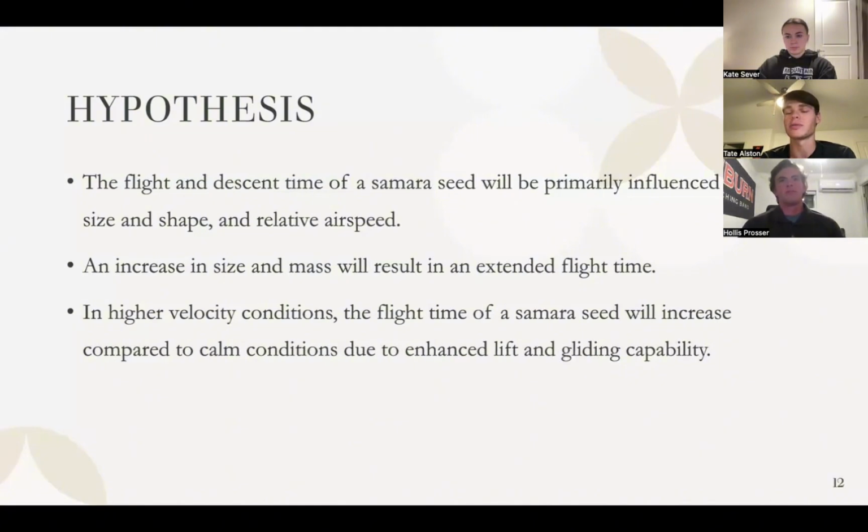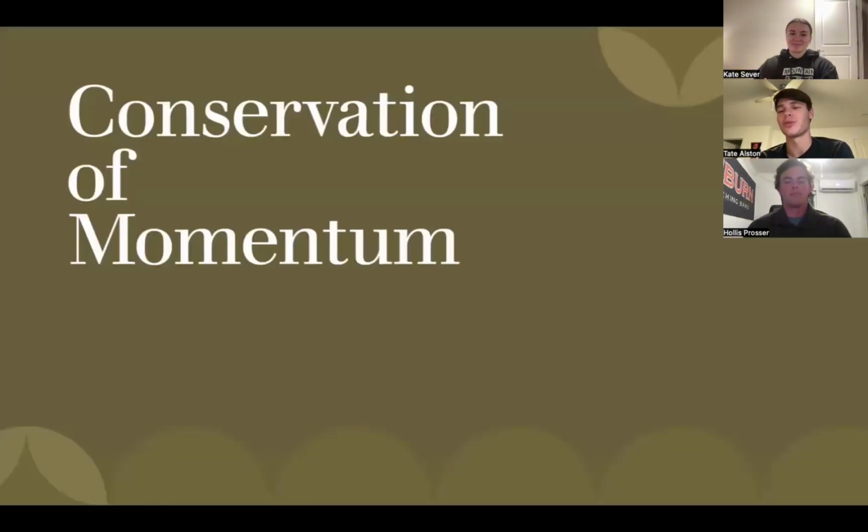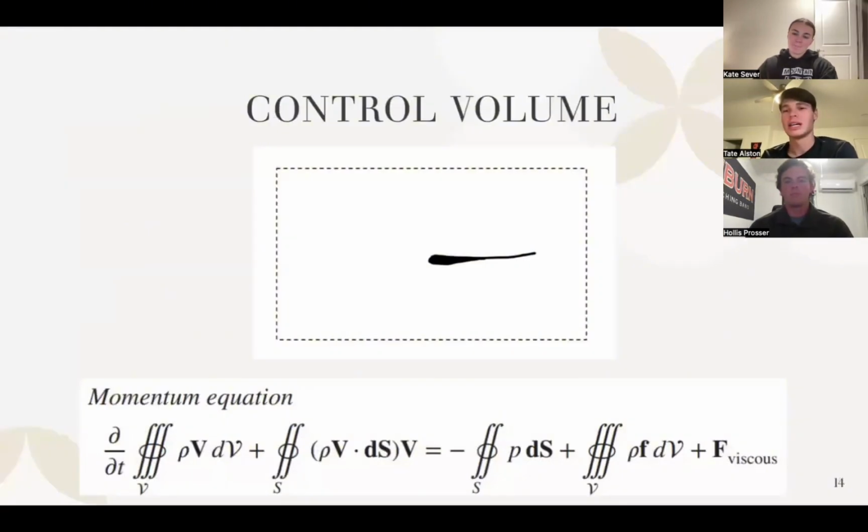Now I'll go over our control volume analysis using the conservation of momentum equation. So this here is our control volume. As you can see, the boundary layer is pretty far out from the seed. The reason we did this was to eliminate the disturbances to the airflow by the seed at the boundary line.